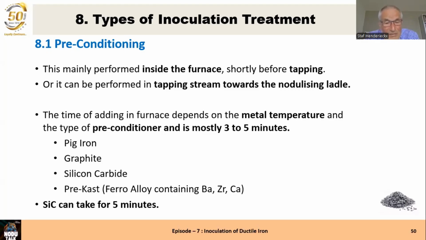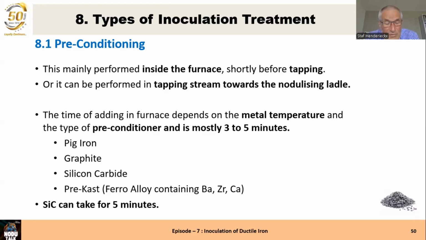So pay attention for that. Silicon carbide, what I told you before. And you have the precast alloy from Castwell. It contains barium, zirconium, and calcium. That can also be mainly due to the barium used as preconditioner. Silicon carbide, take 5 minutes before tapping.